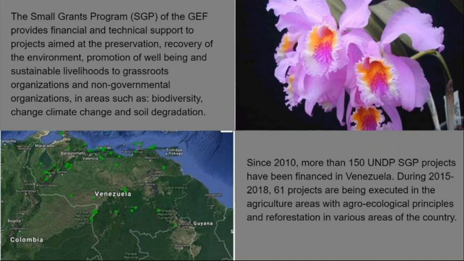Since 2010, more than 150 projects have been financed in Venezuela. During 2015 to 2018, 61 projects are being executed in agricultural areas with agroecological principles and reforestation in various areas of the country. Next.